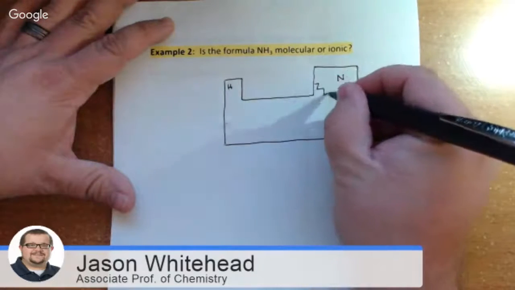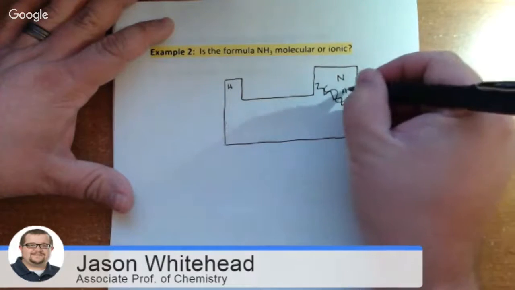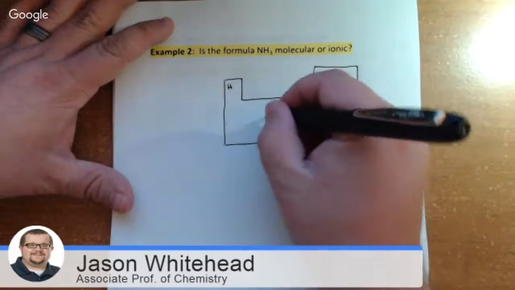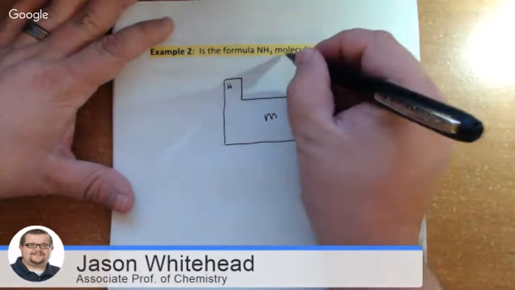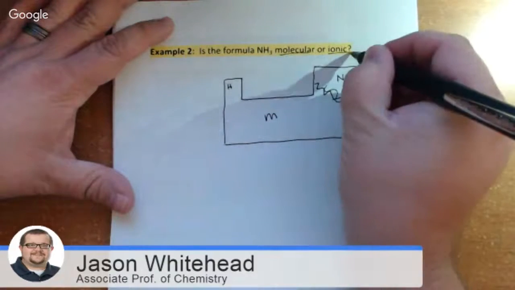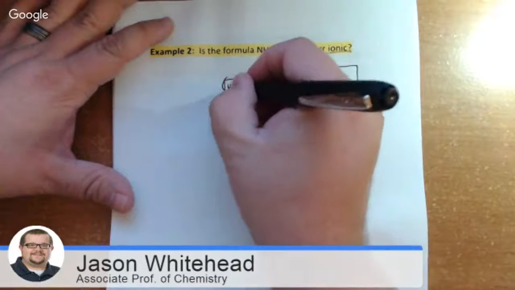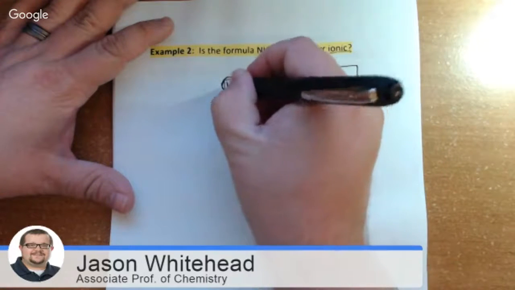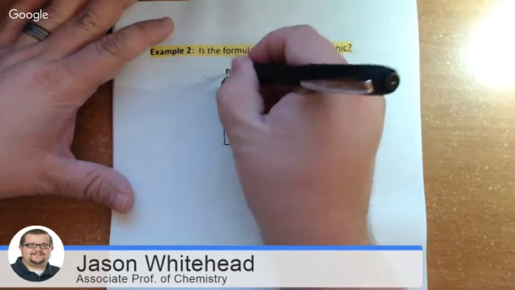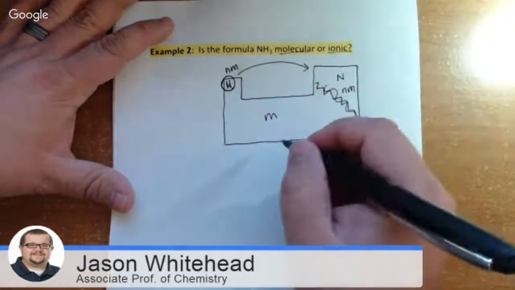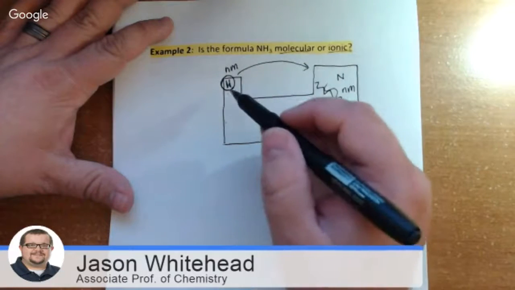And we've got that stair step that we just talked about. Just going to rough it out, dividing the nonmetals on the upper right from the metals that are on the left. Our job is, again, to decide molecular or ionic. Now, there's a curveball. Even though hydrogen's over here, hydrogen is still considered a nonmetal. It's the only oddball on the left side of the table that actually is a nonmetal.